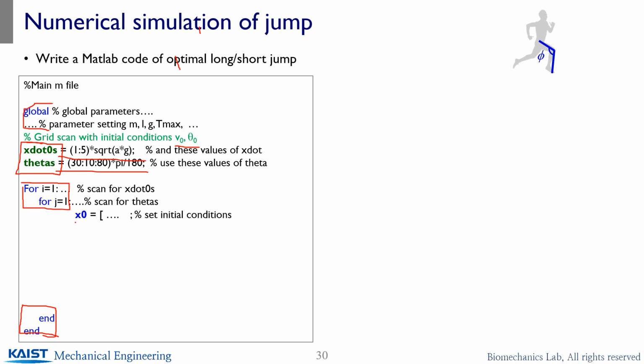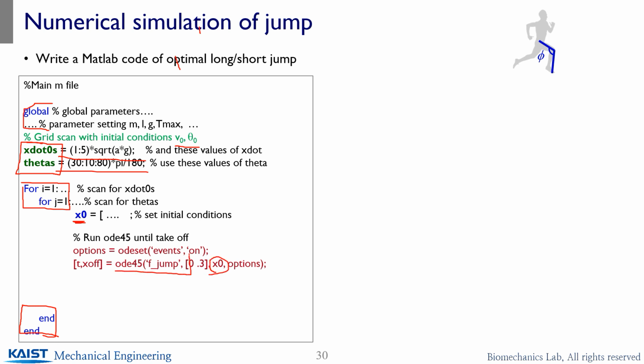For those for loops, you should set up the corresponding initial conditions for each iteration. Then with that initial condition, you have to calculate the dynamics, the equations of motion for the jump.